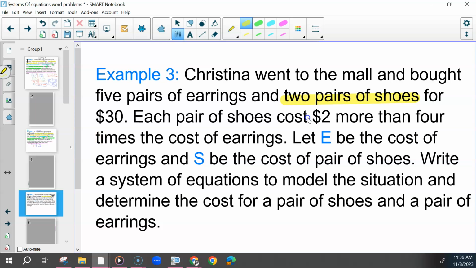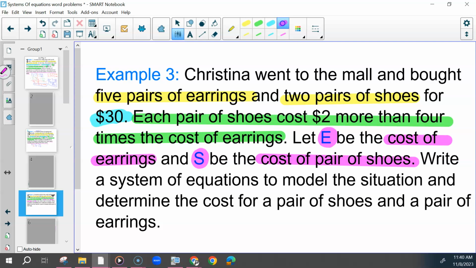Each pair costs a lot more than the earrings. Okay, so that basically is the higher sentence. What else? 5 pairs of earrings. Total of which is what? 30. And this is the total for everything. Right, and we have our variables. And we are looking for what?